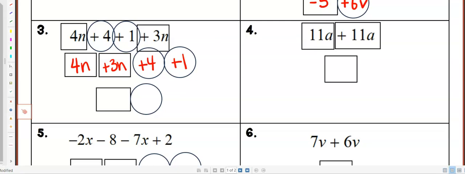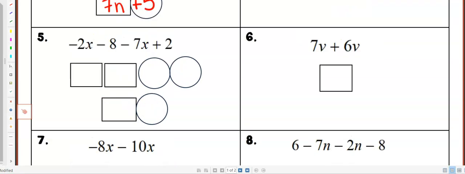Positive 4n with positive 3n, so we're going to add those together. So we have positive 7n, and then again positive 4, positive 1, that gives us positive 5. So we need a positive symbol, plus 5.